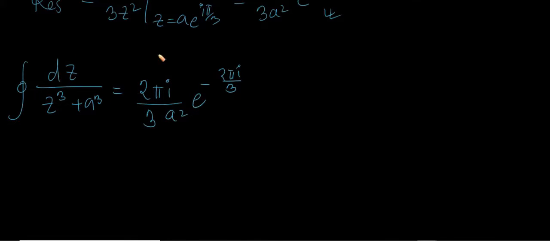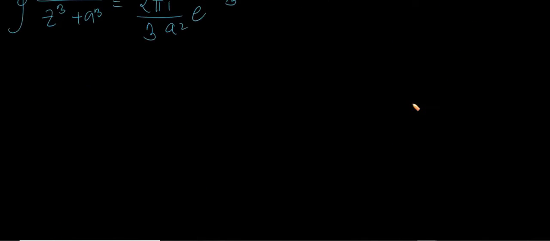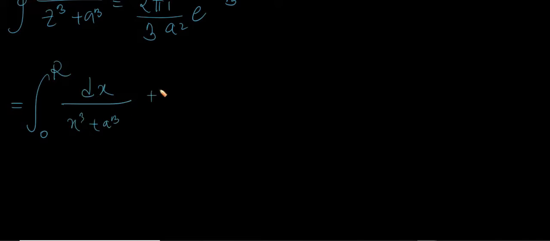Now one part is done, and the next part is to break down this integral along these contours. So let's do that. If you break it down just like you saw in the other videos, first it will run from 0 to r. Sorry, the infinity limit has to be taken later. So along that line, z is just x because the imaginary part is 0. You will have this.